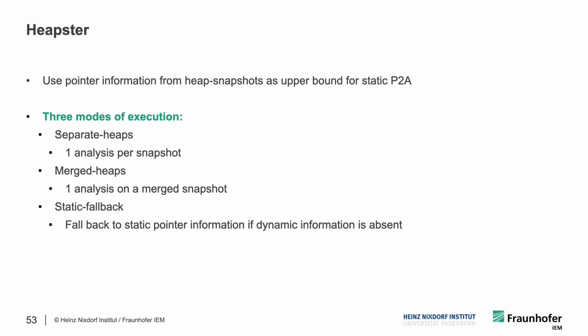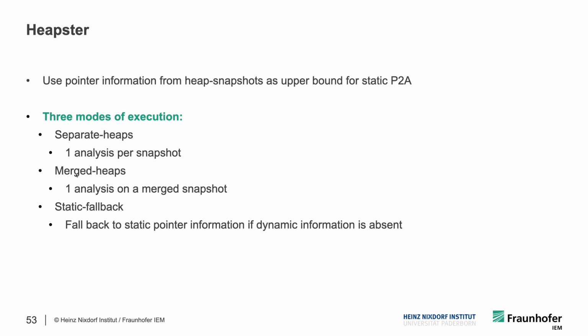So first of all, we collected separate heaps, so that really meant we would collect different heap snapshots for a running app. In this case, we looked into Android apps. And we conducted one static analysis per snapshot, right? So that was this separate heaps configuration.